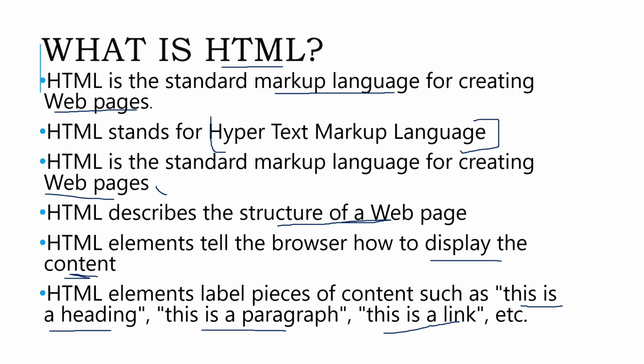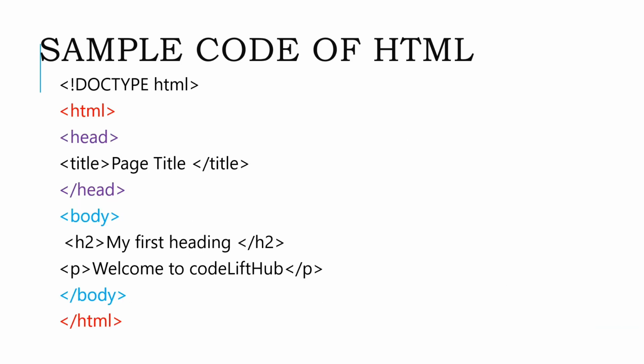But in HTML, we don't have any logical programming like other programming languages such as Java and Python. HTML contains only tags, which are used to create the structure of the web page. And here is a sample code of HTML.